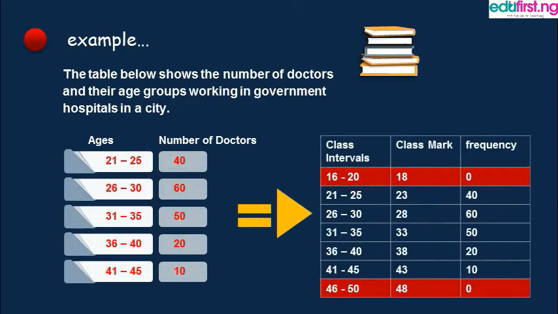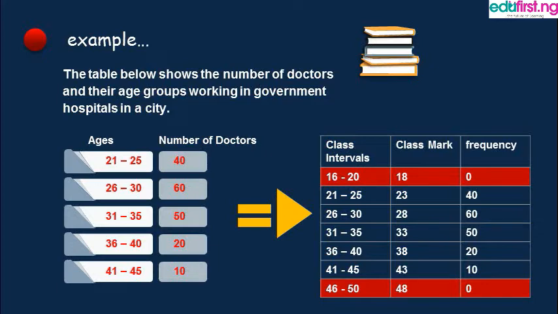The column of ages of doctors is going to be taken as the class intervals, which are the ages of 21 to 25, 26 to 30, 31 to 35, 36 to 40, 41 to 45. So each of these class intervals is assigned a number, which is going to be a frequency. So if we translate that into the table on the right side, we have the class intervals, we also have the class mark, and we have the frequency.